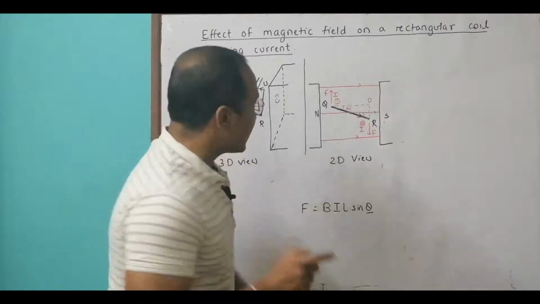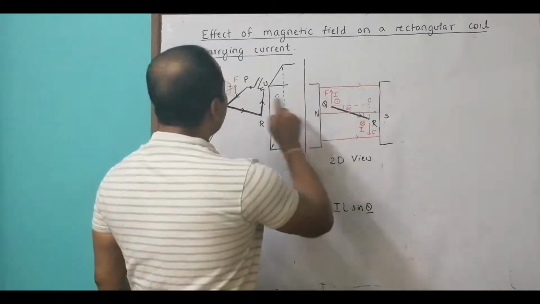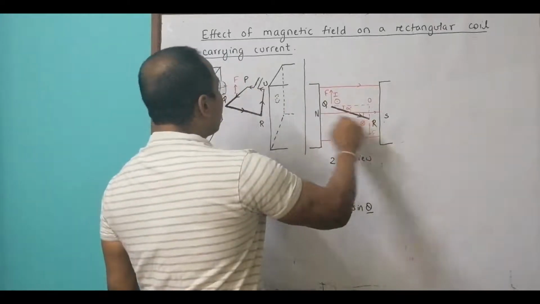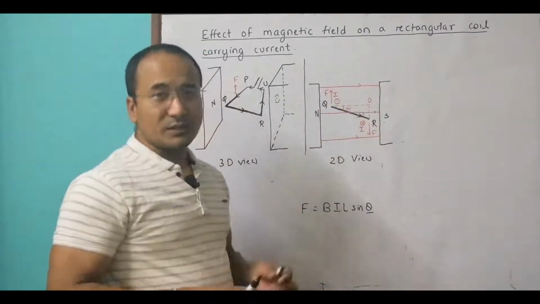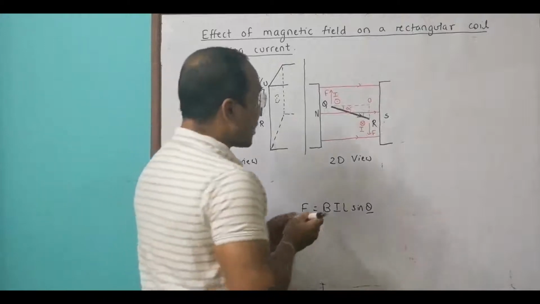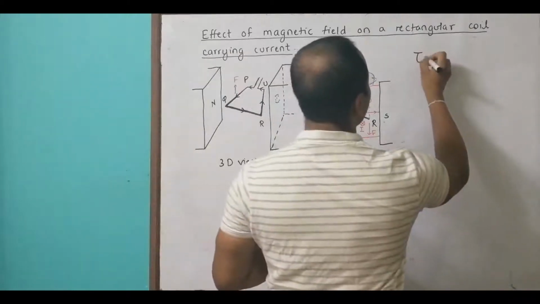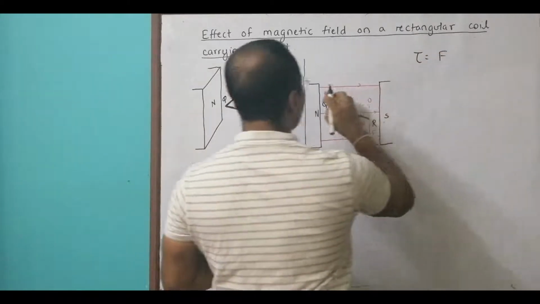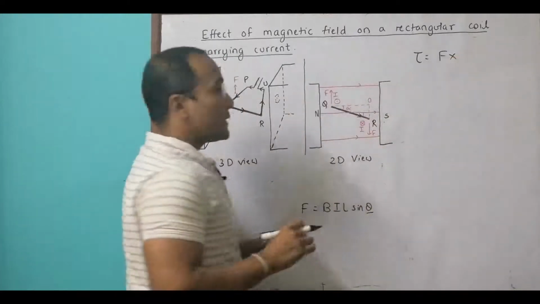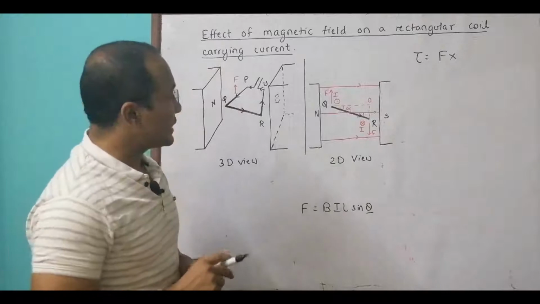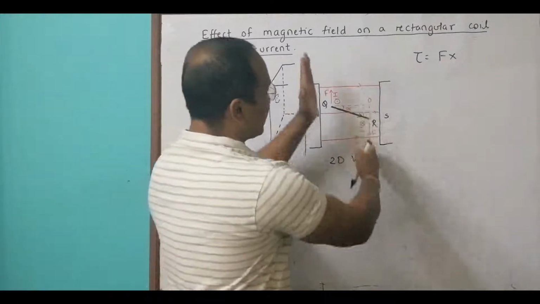So what is affecting it is the force on PQ, which is upward, and on RU, which is downward. These two forces give rise to a torque. So now I have to find the torque. The torque is equal to F, one of the forces in the couple, into the perpendicular distance between the lines of action of the forces.